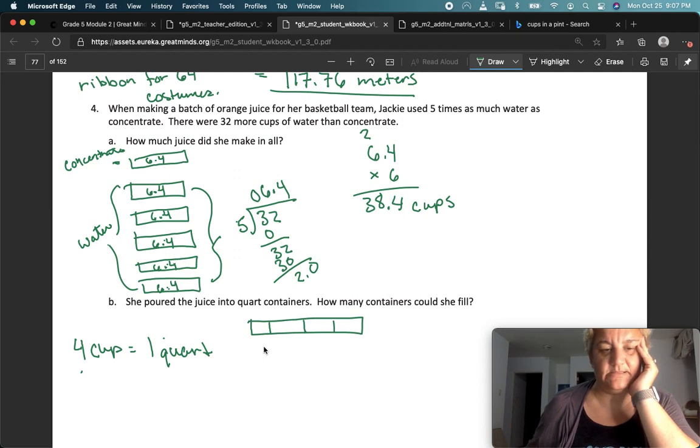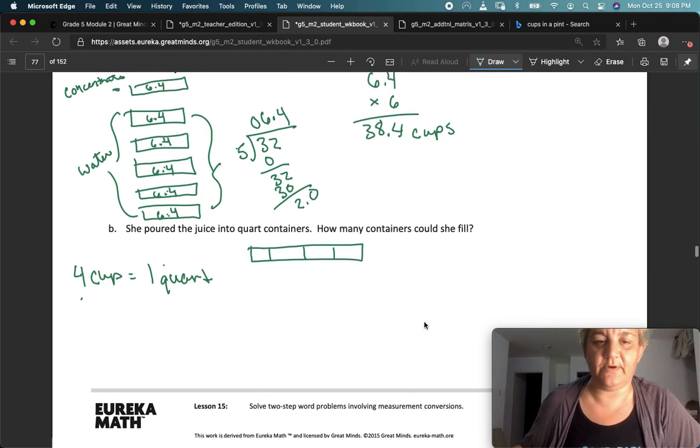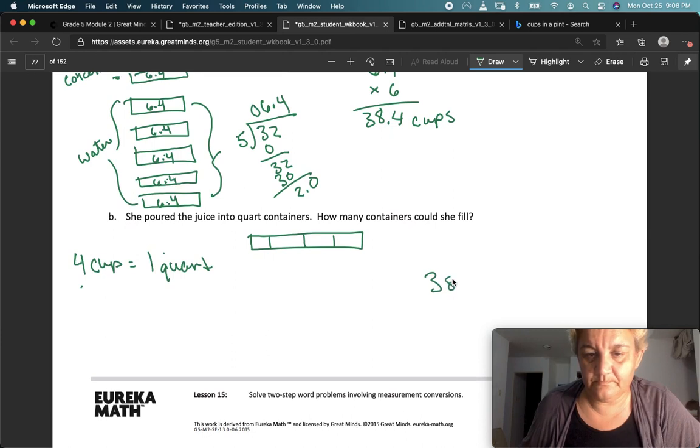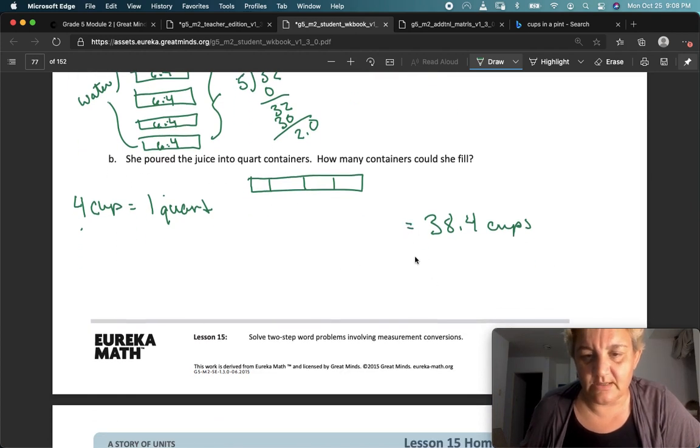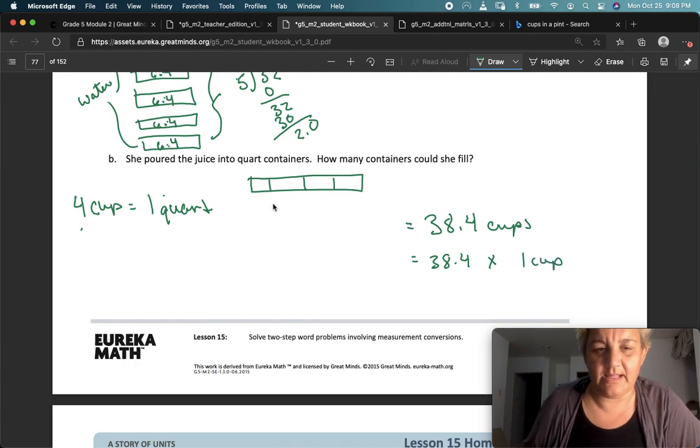That means, how many containers could she fill? And she had 38.4 cups, and we want to convert that to quarts. So we're going to call that 38.4 times 1 cup. Okay. And I know that 1 cup equals 1/4 of a quart. Right?